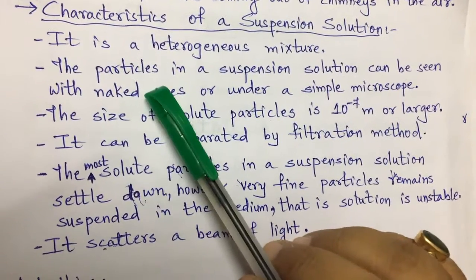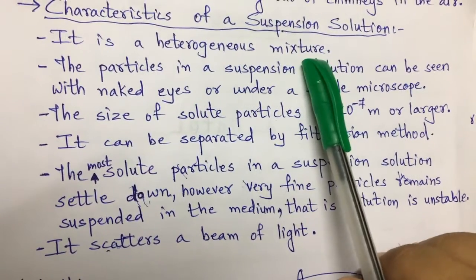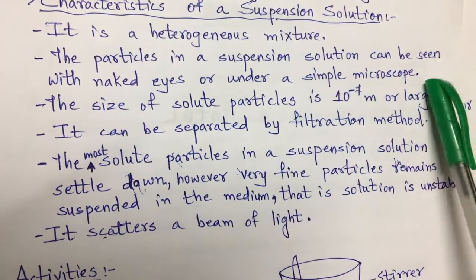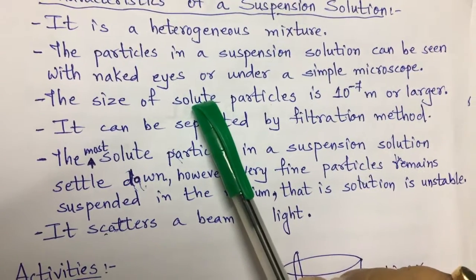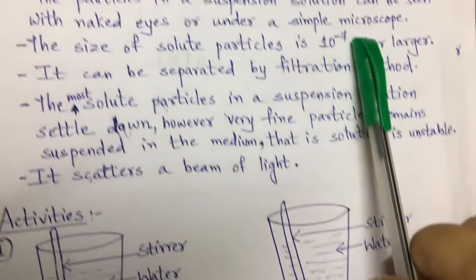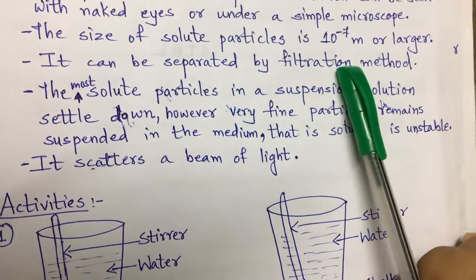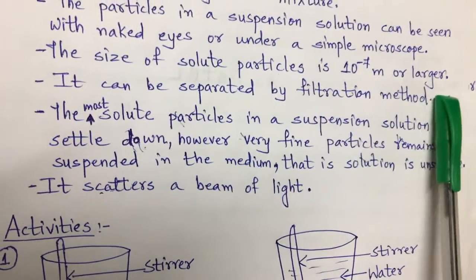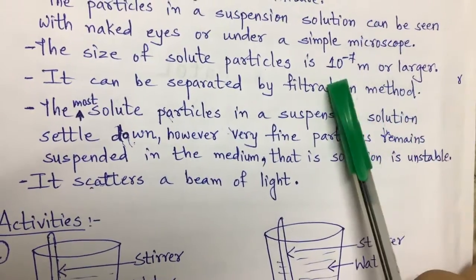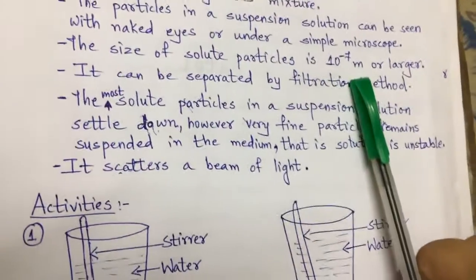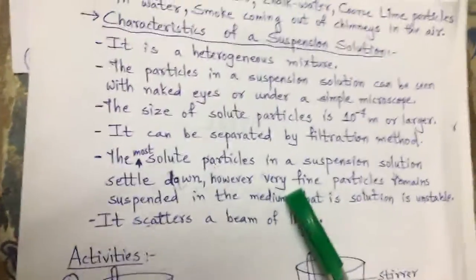So what are the characteristics? It is a heterogeneous mixture. Particles in the suspension solution can be seen with our naked eyes and even with a simple microscope. The solute particle here is 10 raised to minus 7 meter or larger. 10 raised to minus 7 meter means out of 1 meter it is 10 raised to 7 times smaller.